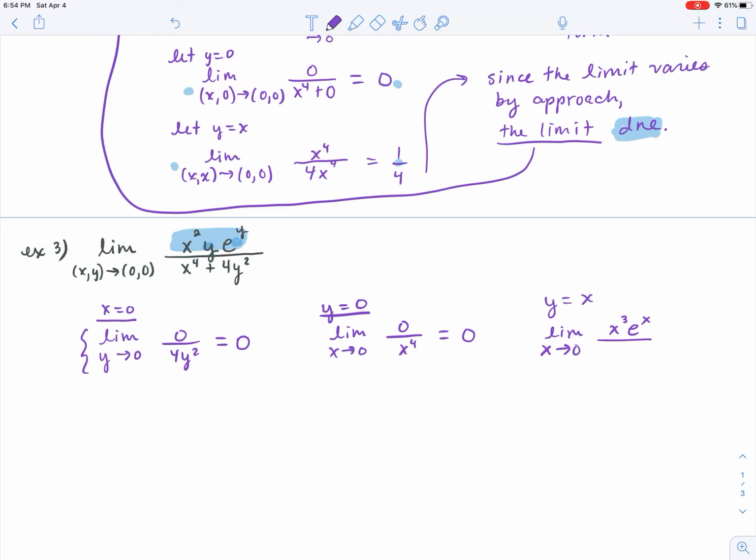And then if I replace the x with the y, those aren't like terms, so I'm going to have x to the fourth plus 4x squared. And this is 0 over 0, which is indeterminate. But we can use L'Hopital's.